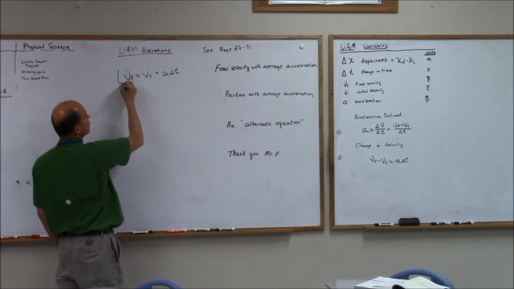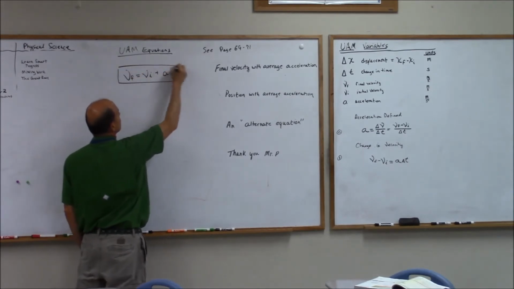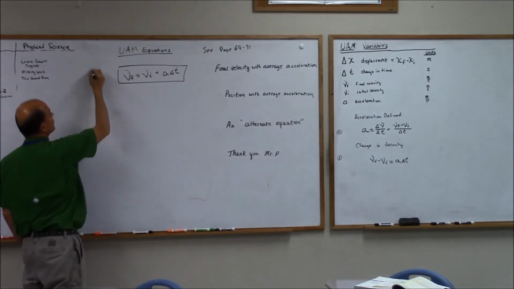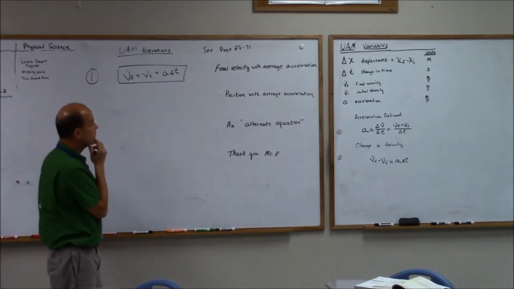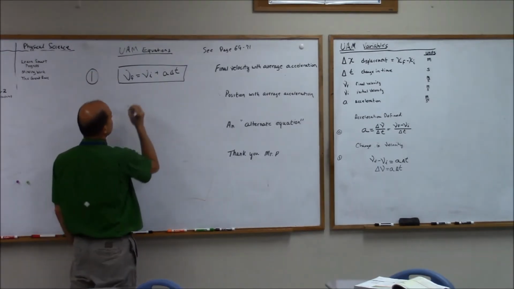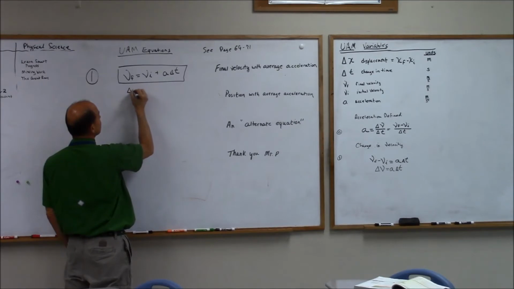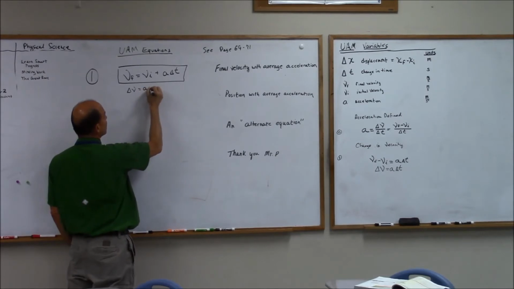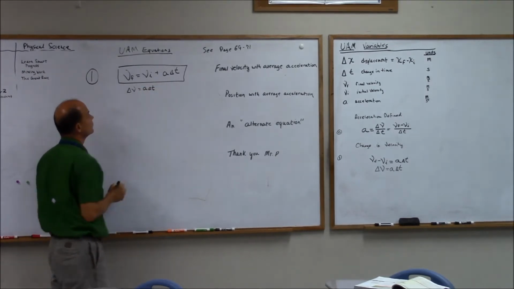And this is what your book has. I'd put a big box around that because that's going to be our first UAM equation. You could rewrite that as the change in velocity is equal to the acceleration times the change in time.